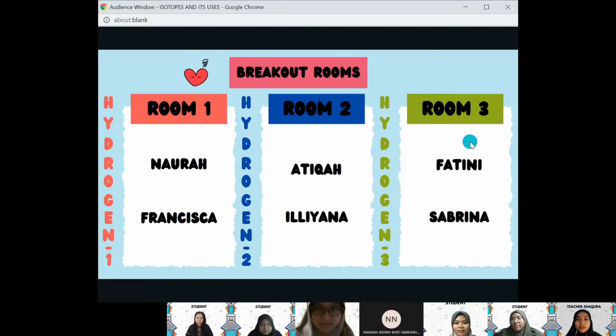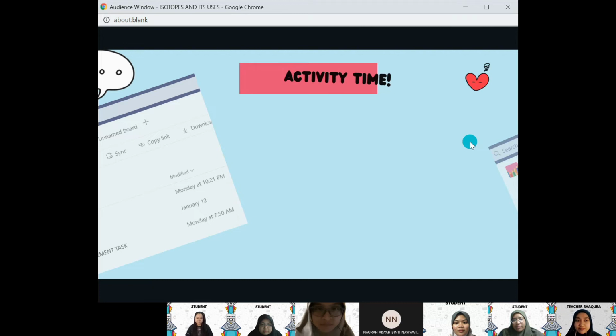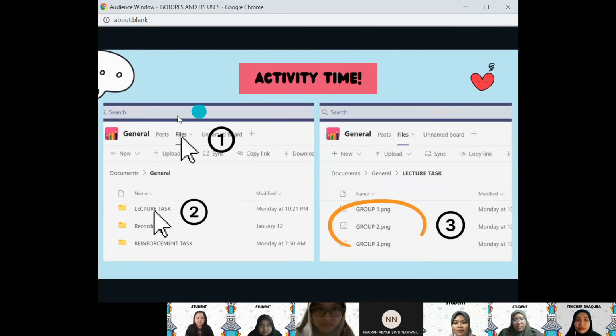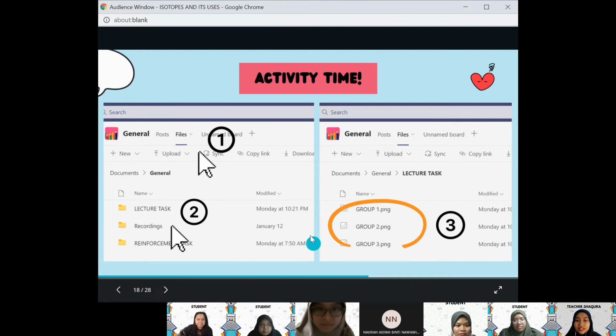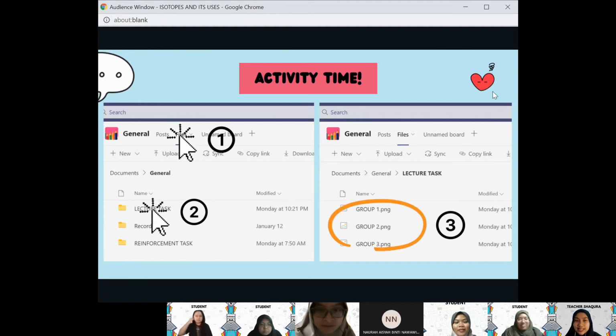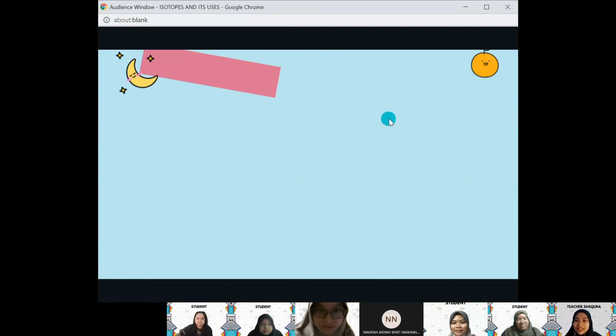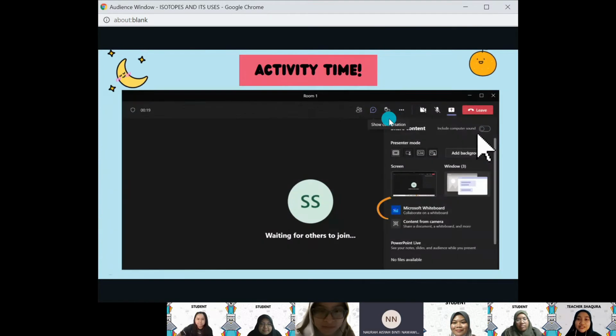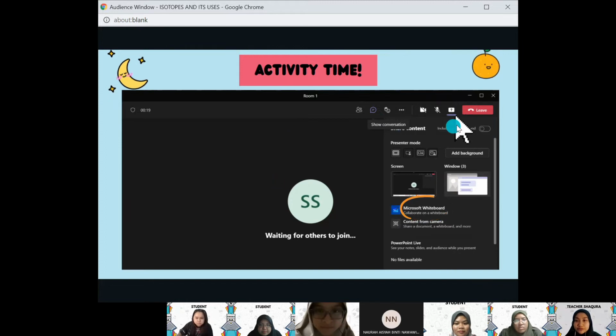What you have to do for this activity time is, first you have to go to files and then click on the lecture task folder. In the folder, you have to download the task according to your group. Is that clear? Yes, clear. Okay. After you have downloaded it, in the breakout room, you have to share.